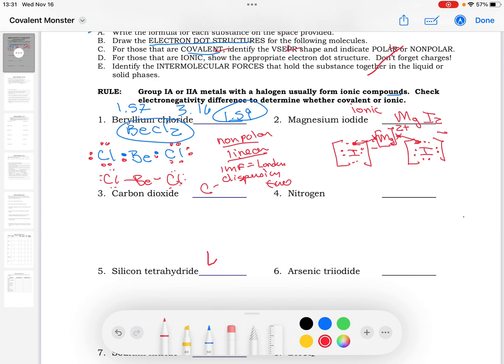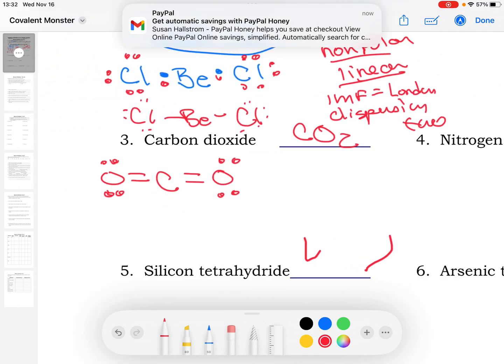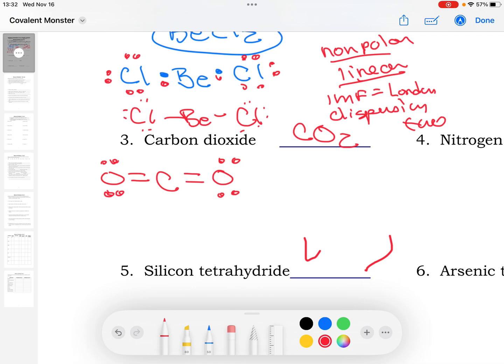CO2, carbon dioxide, is one that you should have built in the lab. I'm going to do my math for this one: how many I need minus how many I have, then we'll divide by 2.